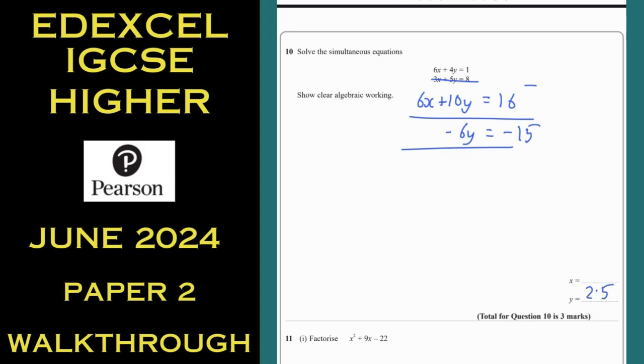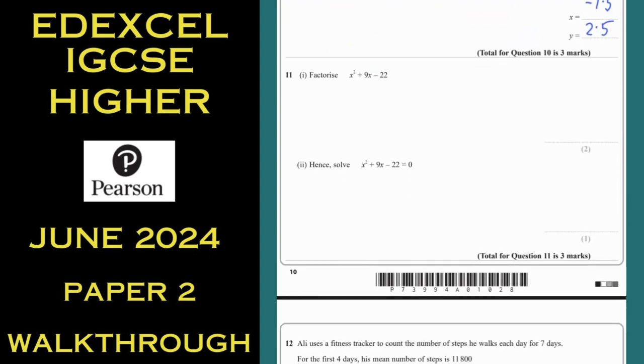2.5, which we then take to any of the 2 equations you want. I'll do the top one. So we get 6x's plus 4y's is 10 equals 1. Let's subtract 10 from both sides. And when we divide both sides by 9, we get negative 3 over 2, or minus 1.5.